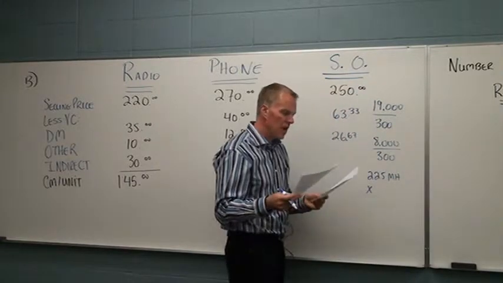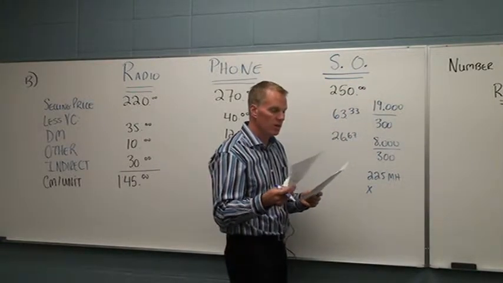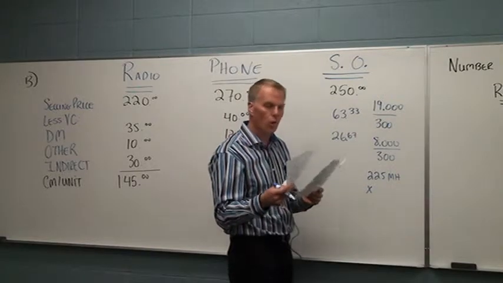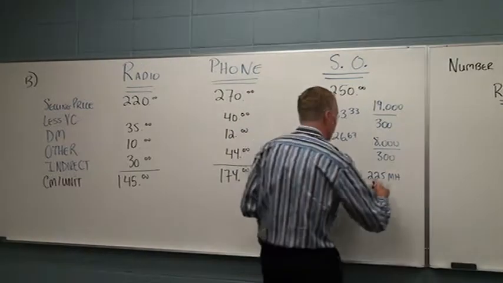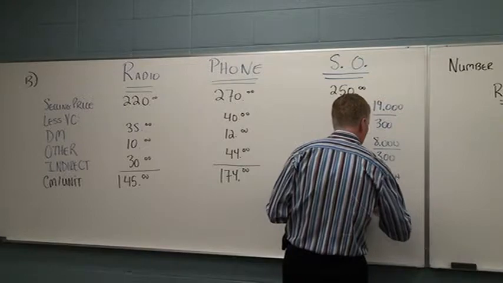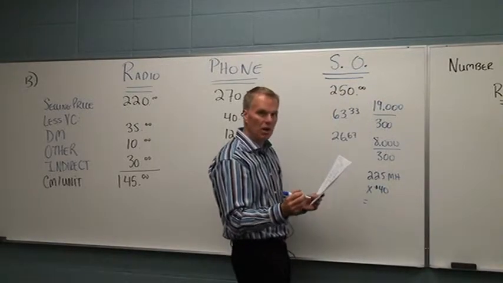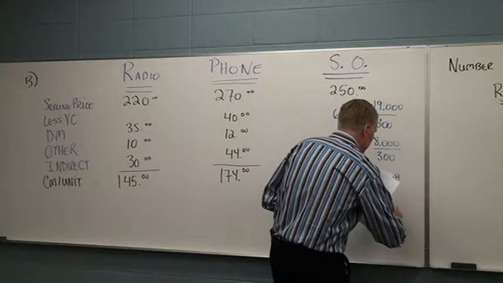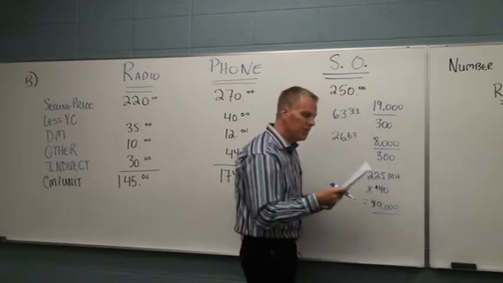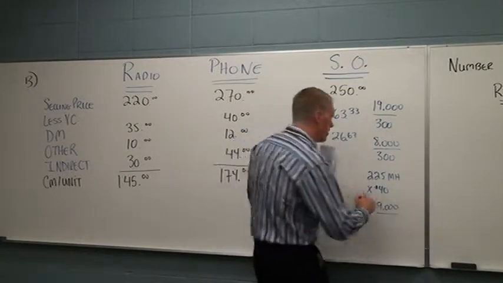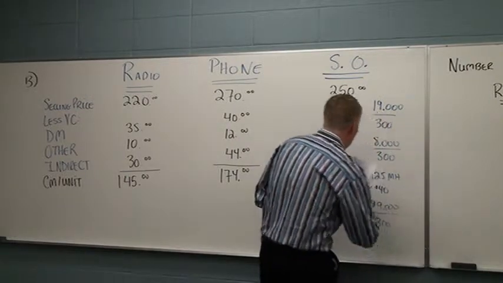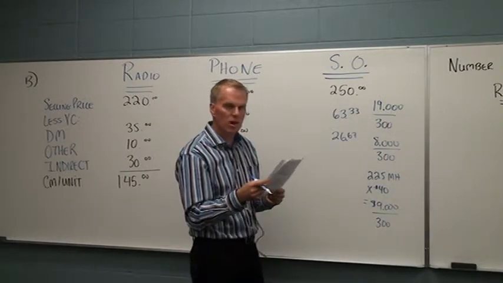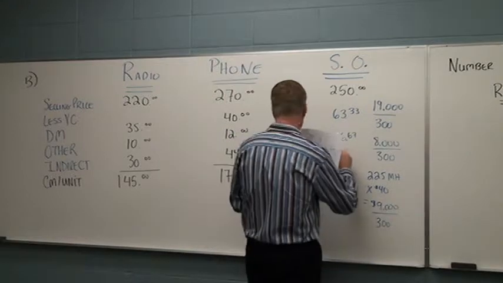Multiply that by the rate of our variable indirect manufacturing cost, which is $40 per machine hour. So 225 times $40 is equal to $9,000. $9,000 divided by 300 will give us an indirect cost rate of $30.